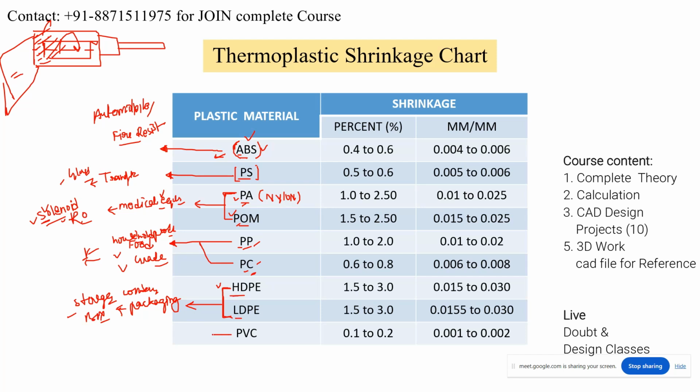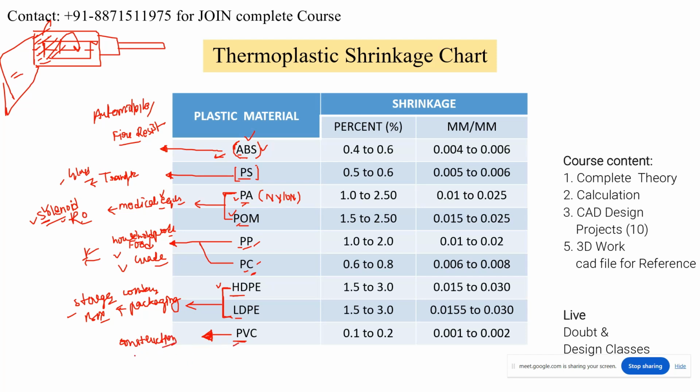Okay, acha, what is the purpose of the PVC material? PVC material has a property: it reacts very slowly with the atmosphere, and it is a rigid material, you can say that. So basically it is used for construction purposes, right?